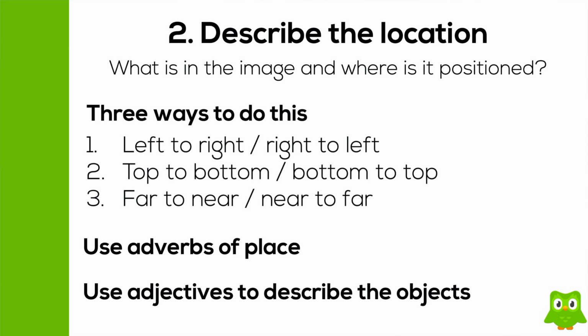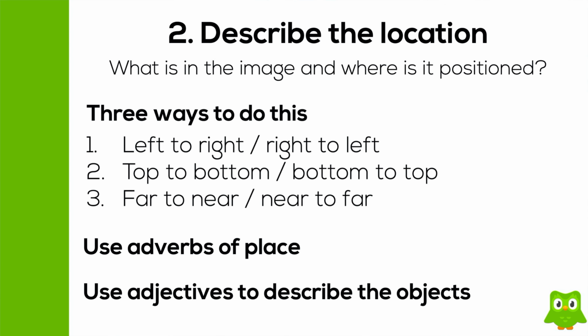Okay, so part 1 is probably the easiest part of my method. Now let's take a look at the most difficult and the most important, and that is part 2, which is describe the location. So in part 2, we have to think about what is in the image and where it is positioned.